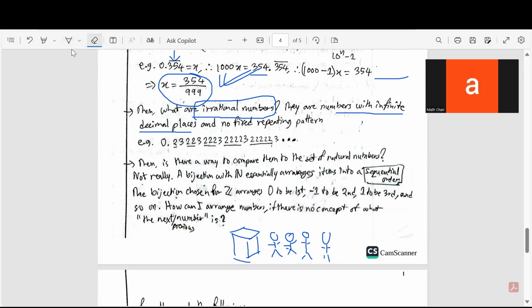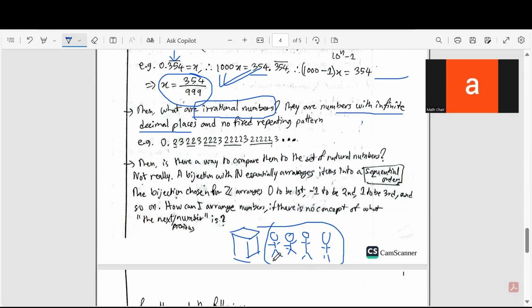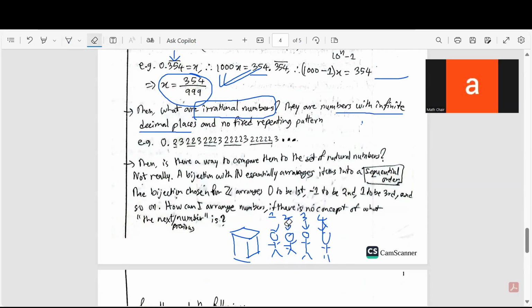The point is, you arrange them in a sequential order. When I say first, I literally counted him. This is one, I counted the second guy as well. I counted the third guy, I counted the fourth guy. I associated a number with all of these guys. When I tried to count the number of people in the queue, I associated a number with them, and in essence, I arranged them in an order. And let's say I'm partial towards the fourth guy.